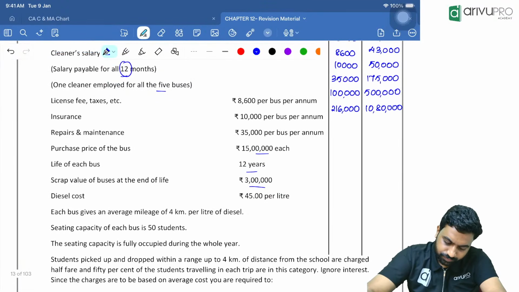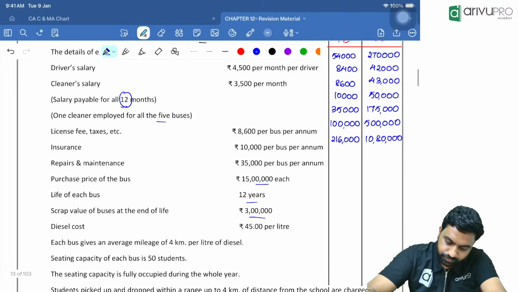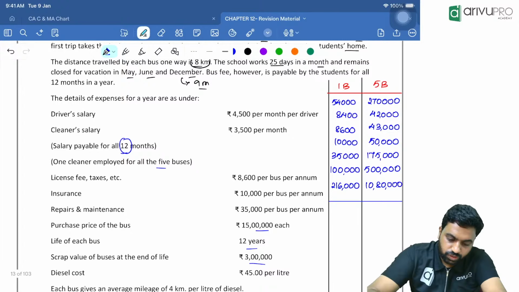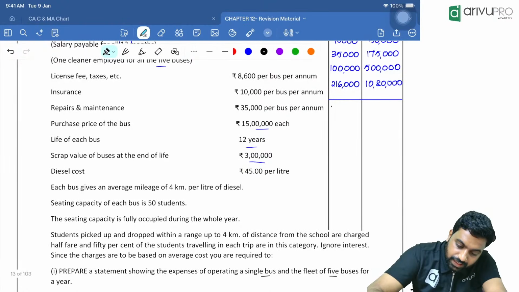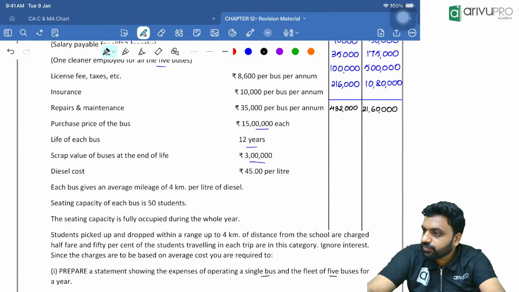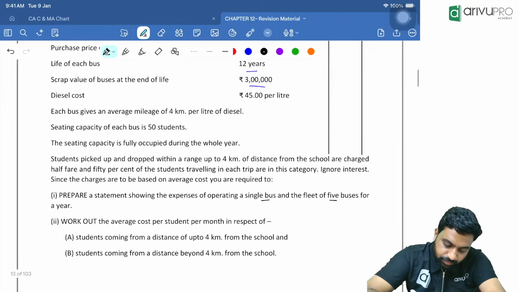Cost. We may know the total of one bus. Four lakh. Got it? Now, this is done.